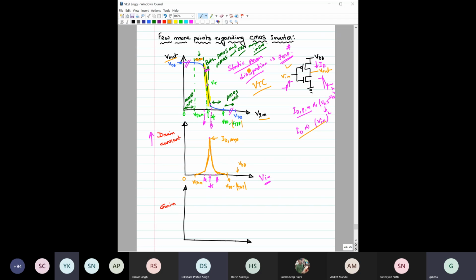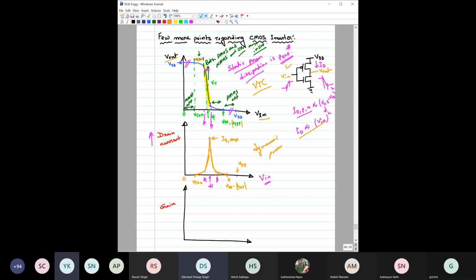So you have understood. We are saying the static power dissipation is not there, it is 0. But when you are doing the transition, this is called dynamic power dissipation, and it does exist.